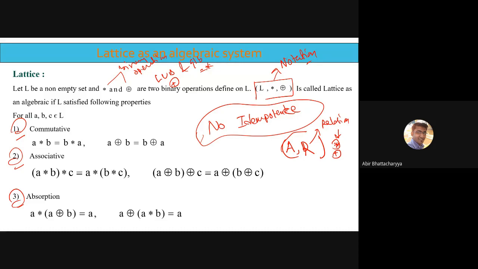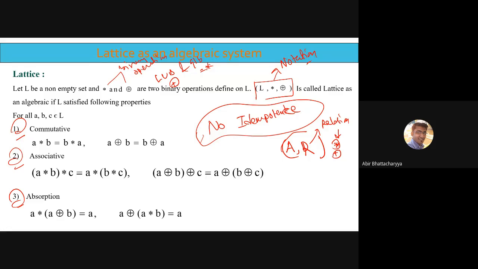We generally use the standard relations, and there are three standard relations. One is less than or equal to. Whenever we have less than or equal to as the relation, your star, the GLB, becomes minimum and LUB becomes maximum.